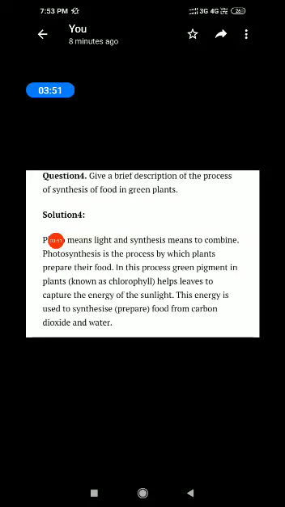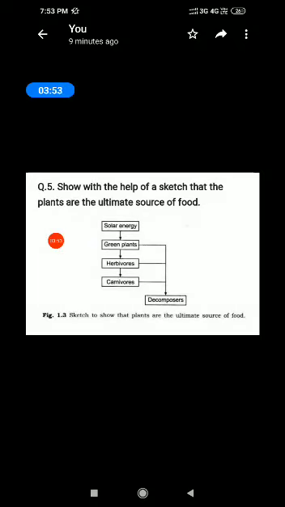Okay. Next, question number 5. Show with the help of a sketch that plants are the ultimate source of food.